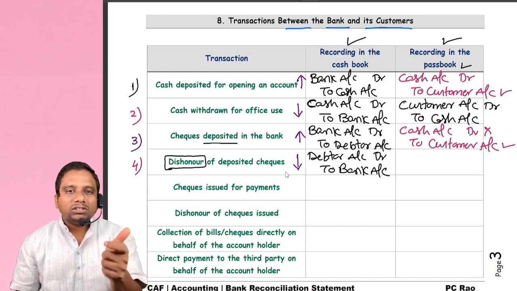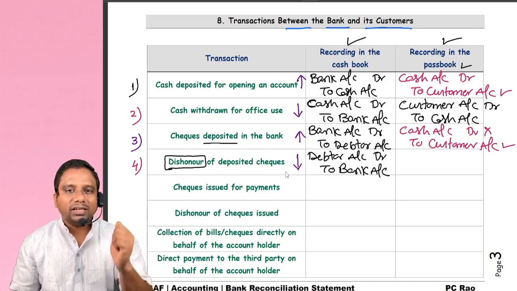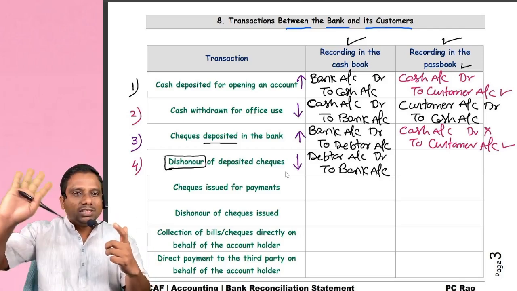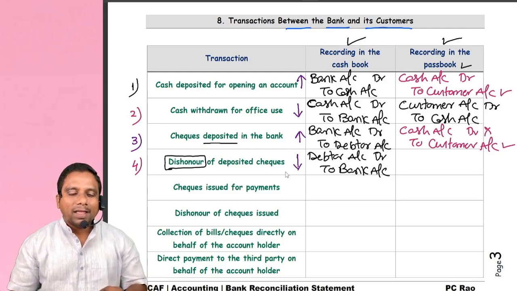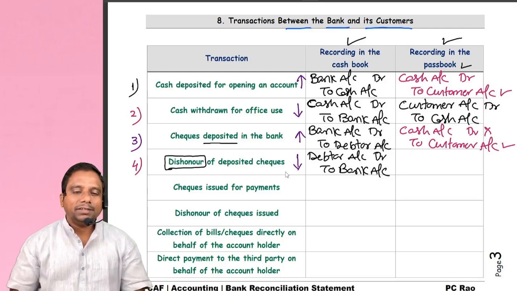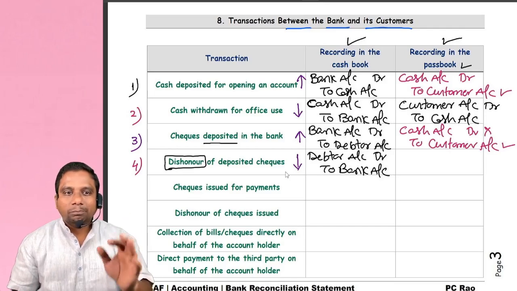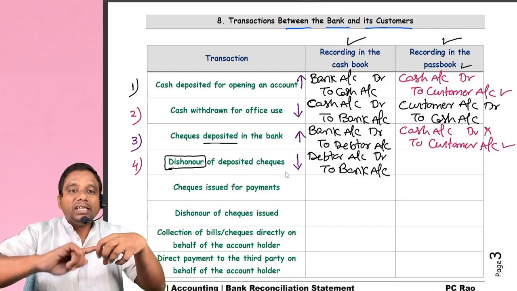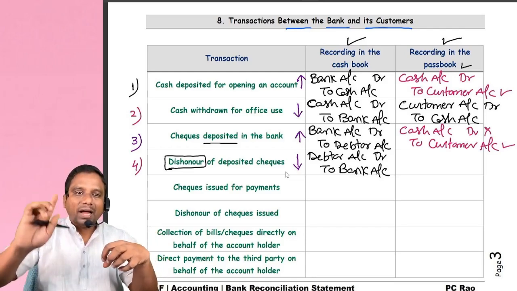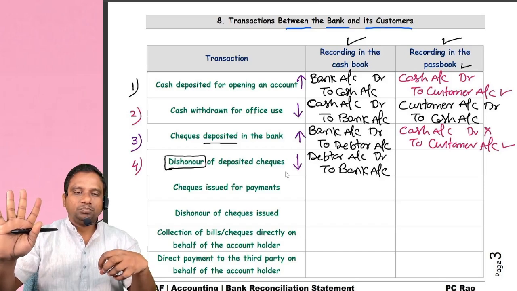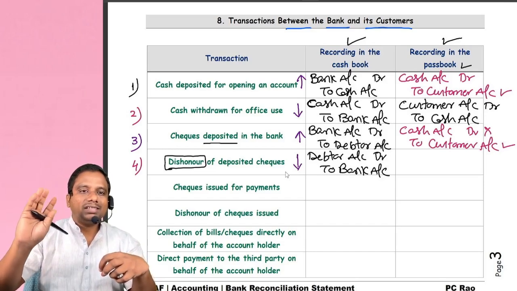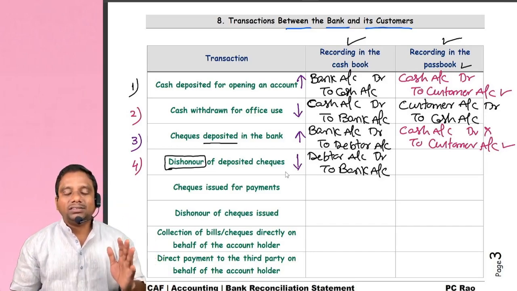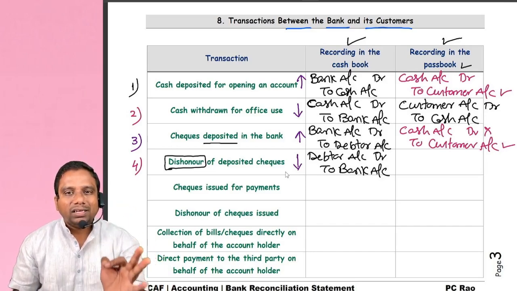Earlier at the time of depositing check, we debited bank account, so in our books bank balance increased. But if you see the actual amount in the bank, that is different. Always do remember, bank balance as per cash book may not be equal to the bank balance as per passbook. Whatever the balance we have in the bank, that is actual cash at bank. But this is just bank balance as per cash book.